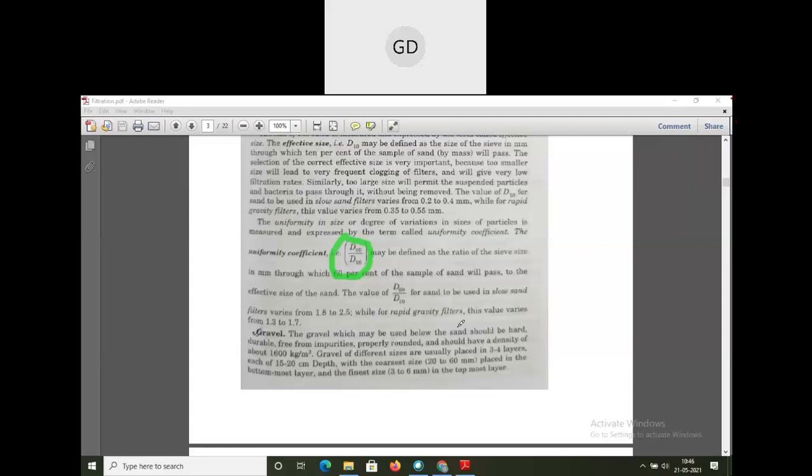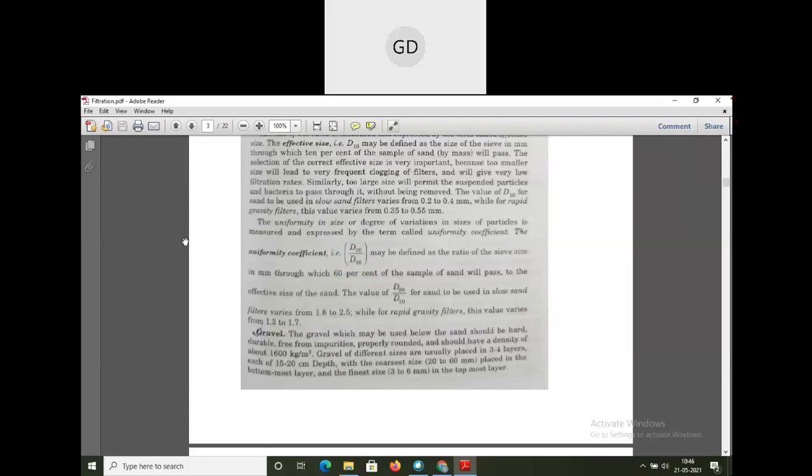For slow sand filters it is 1.8 to 2.5, and for rapid gravity filters the uniformity coefficient is 1.3 to 1.7. Remember these values.